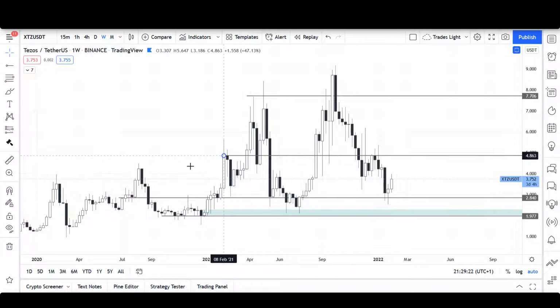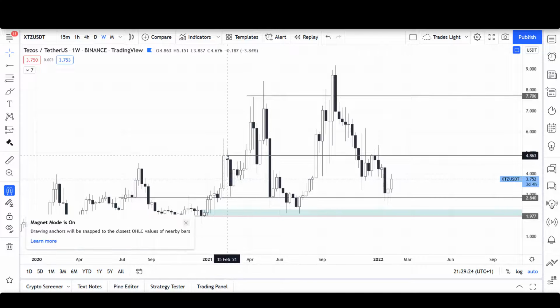I'll tweak this one going here, put the magnet back on. This looks good.